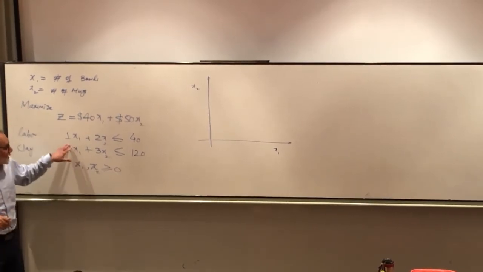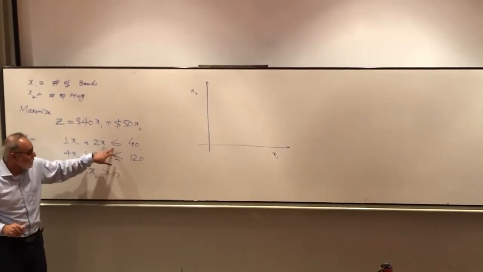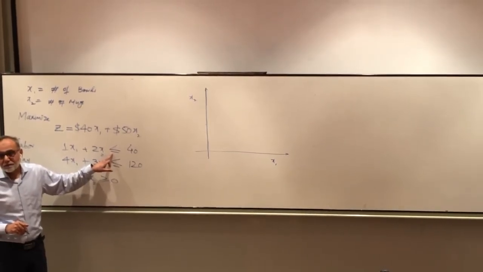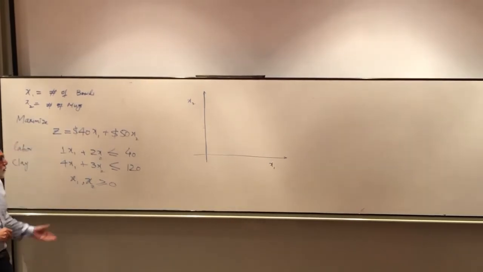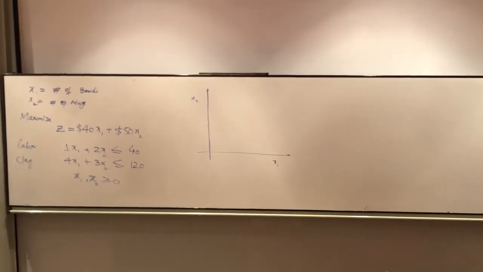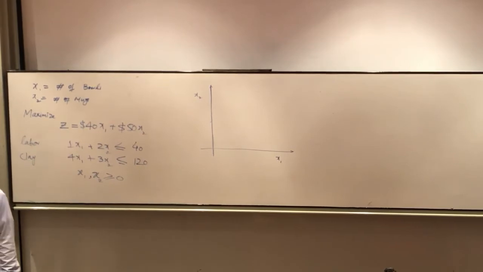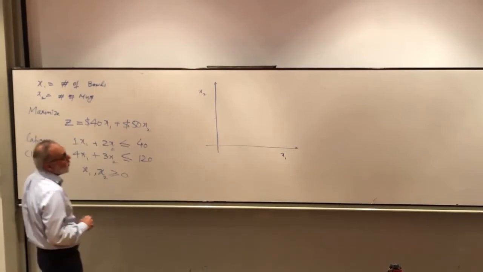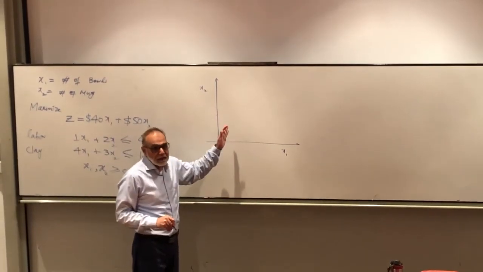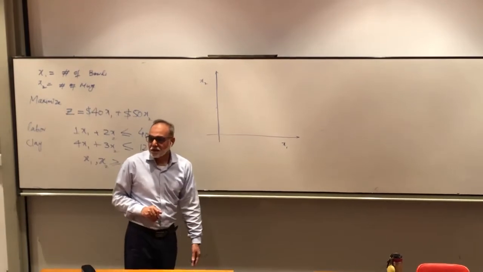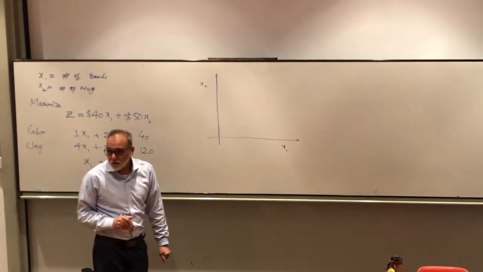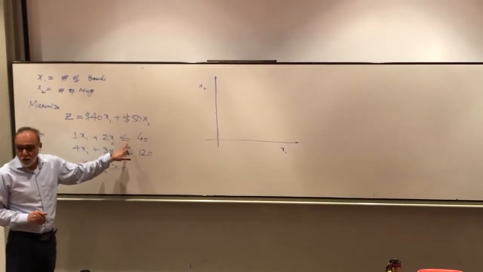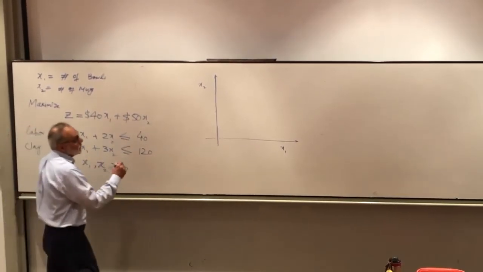Now to plot this, if you make it an equality, it becomes a straight line equation, which we can easily draw. We need only 2 points to make a straight line. If we have 2 points on the coordinates, we just join them together, and that becomes a straight line. So this will become x1 plus 2x2 equal to 40.